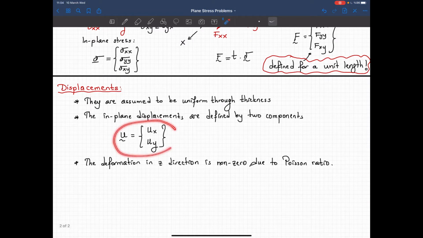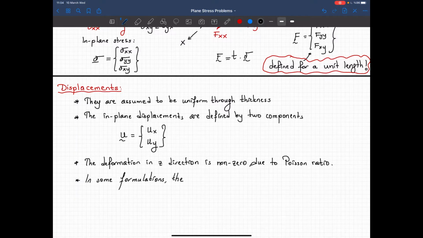Of course, according to the membrane element theory, we have ux and uy, but as we will see in some formulations, the rotation in z direction is also considered.